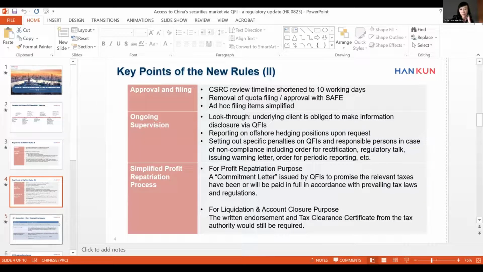So for that purpose, we usually develop a so-called compliance checklist for our QFI clients. On the checklist, we set up certain key regulatory requirements, including the reporting requirements, both on an ad hoc and periodical basis, and also the key trading restrictions or compliance requirements.